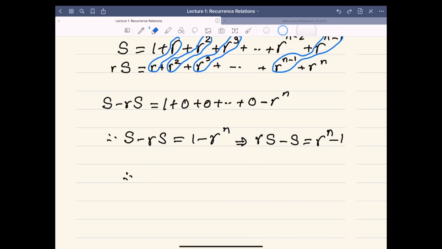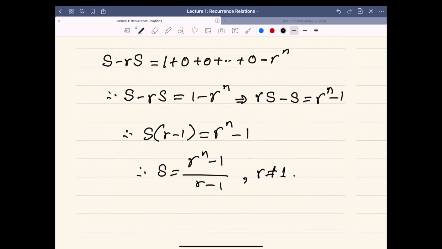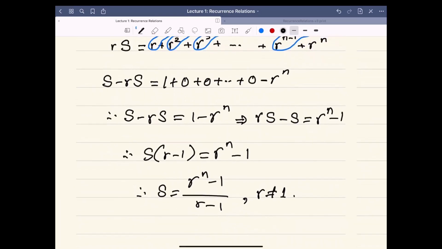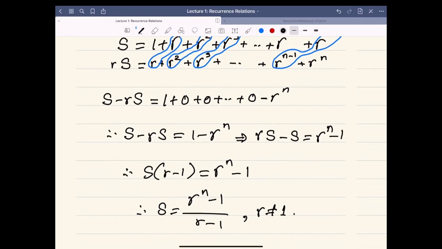Take S as common, so it will be S times r minus 1 is equal to r to the n minus 1. So S is equal to r to the n minus 1 over r minus 1, and remember r should not be equal to 1. And this is the equation that we are going to use for the geometric sequence. A question is raised here: what if r is equal to 1?